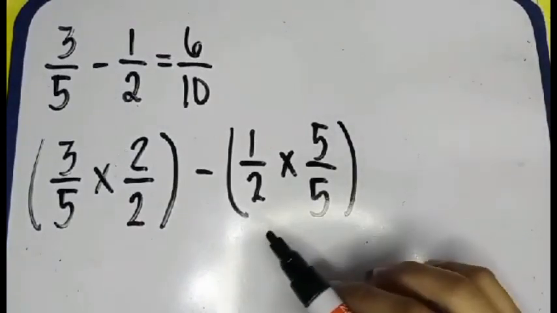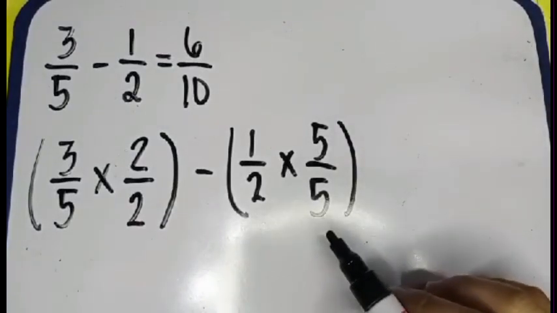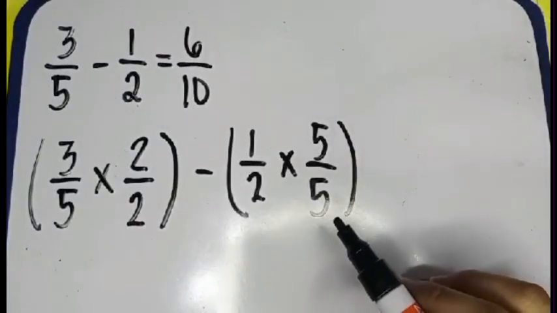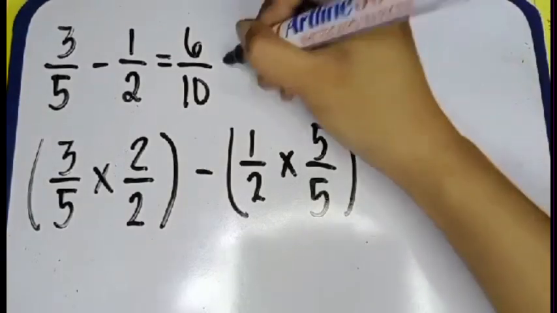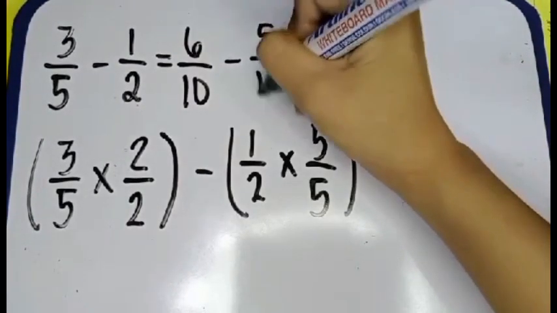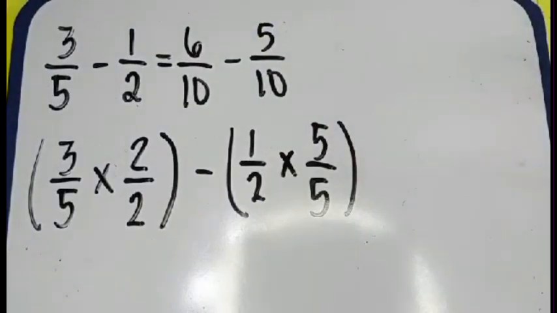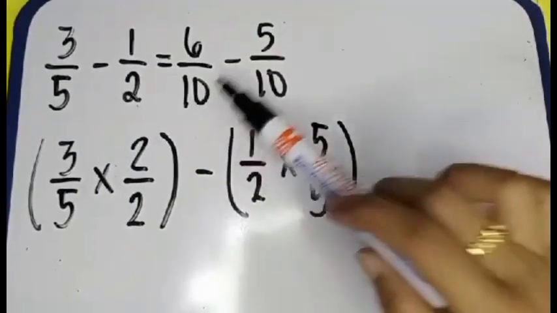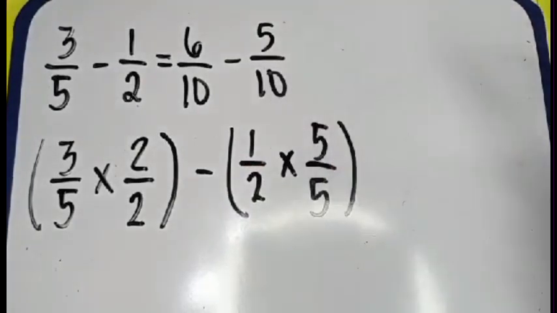Therefore, 1/2 times 5 over 5 is equal to 5 over 10. We have now the same denominator, 6 over 10 minus 5 over 10.